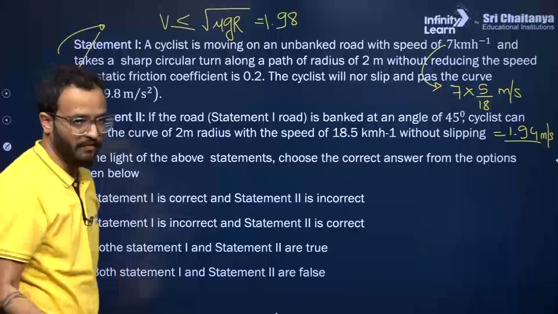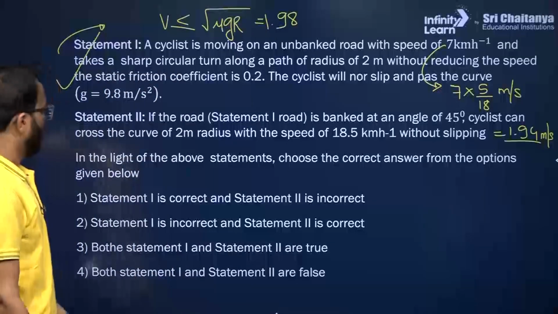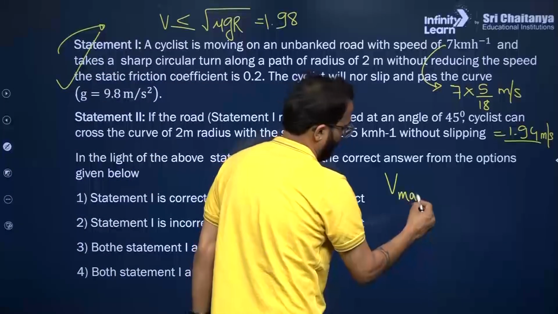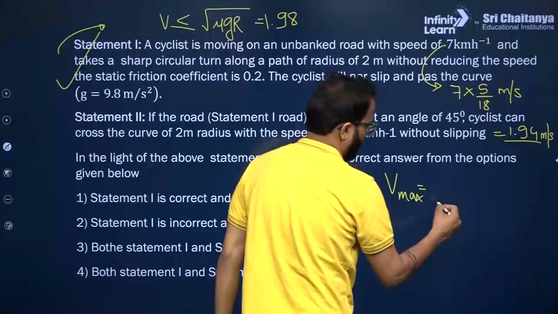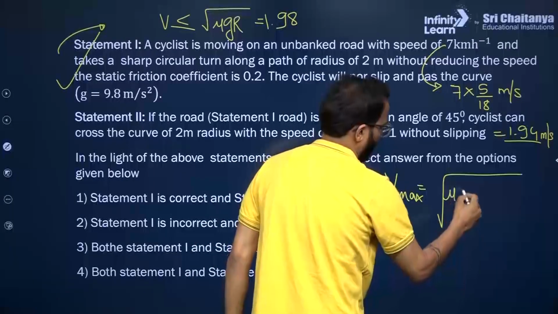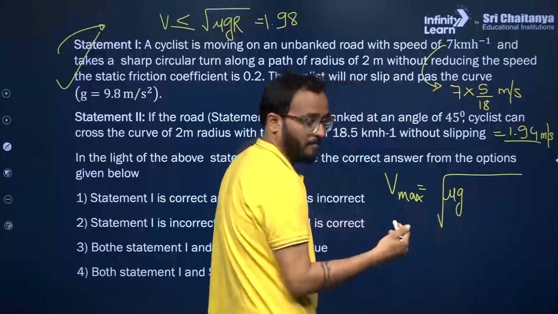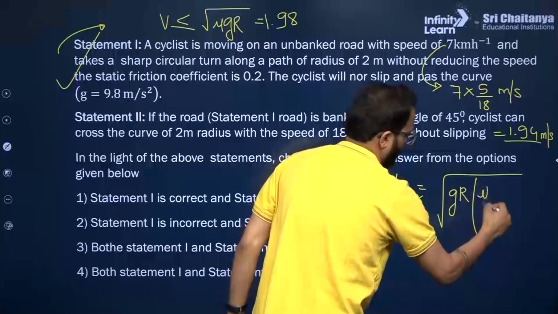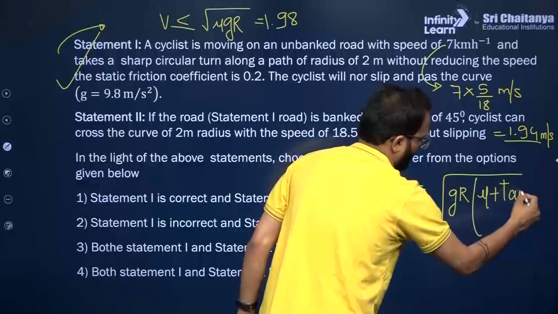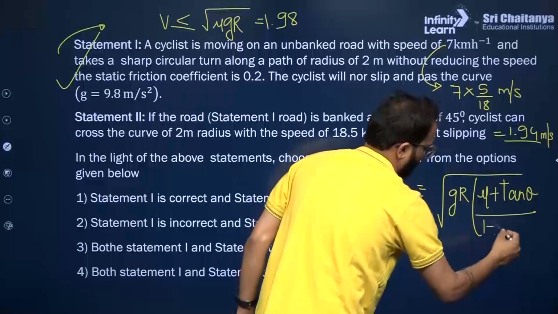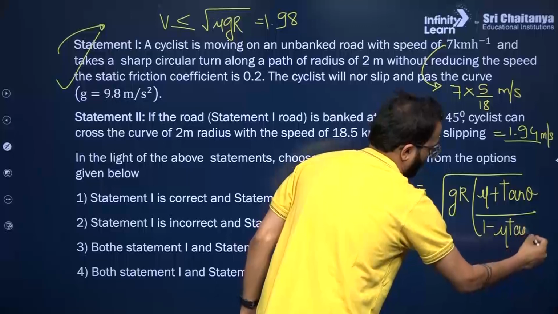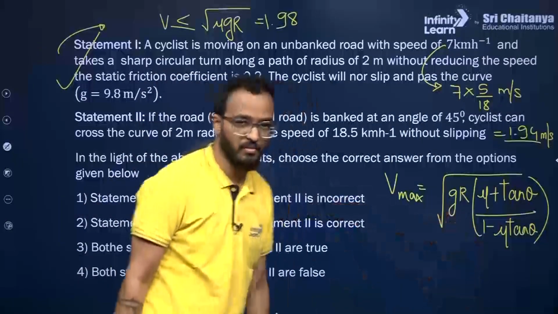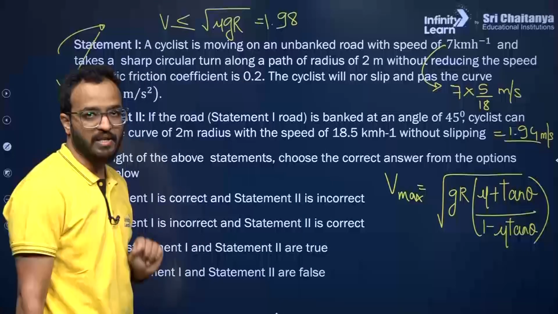Now for banking, if banking is already there, what is the maximum possible speed? It will be root over g r into mu plus tan theta upon 1 minus mu tan theta. So put the values, in this question also same thing, put the values and get your answer.